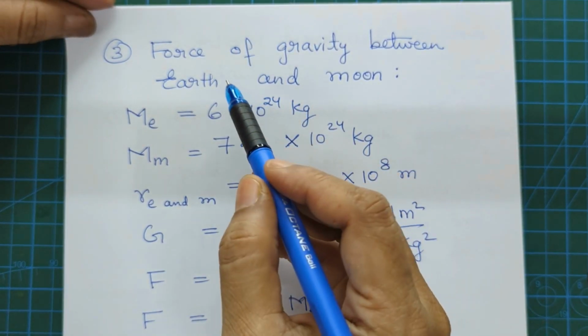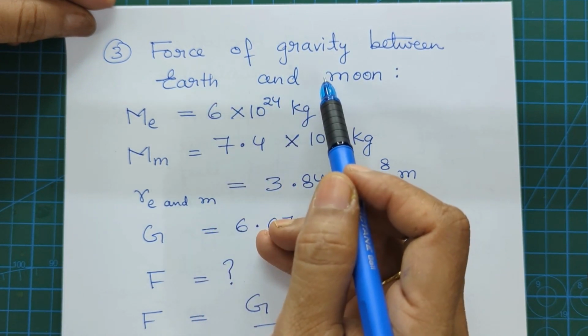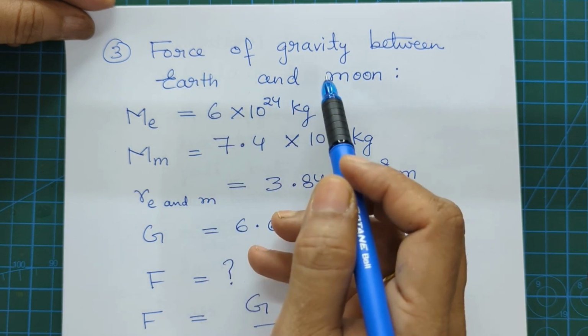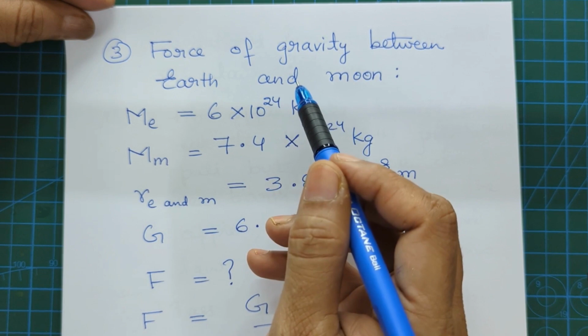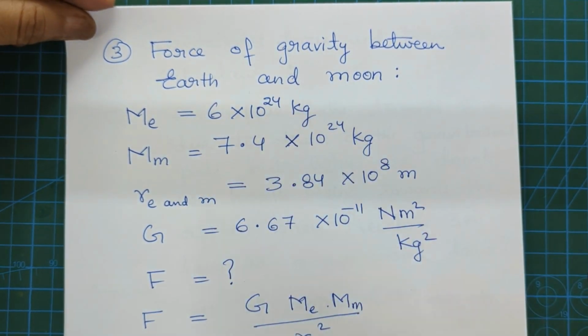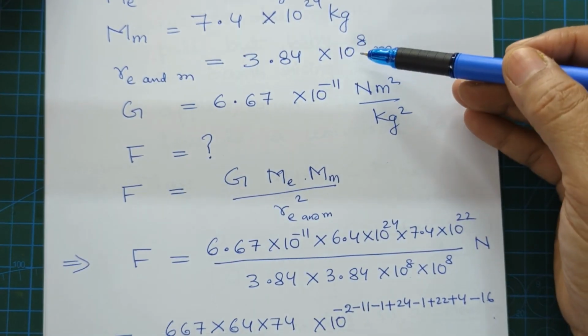The next calculation of force of gravity is the force of gravity between earth and moon. This is also a number to be remembered. So the force of gravity between earth and moon is 2.01 into 10 to the power 20 newtons. Gravity is stronger due to earth, so the moon keeps on revolving around earth. For that we have to remember the mass of earth, mass of moon, and distance between earth and moon.